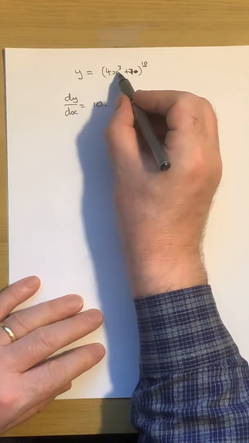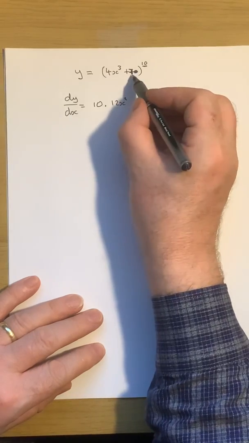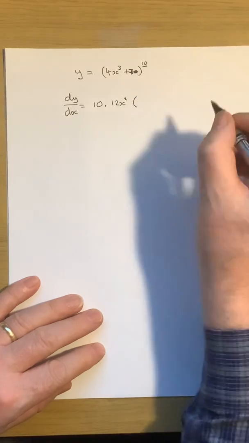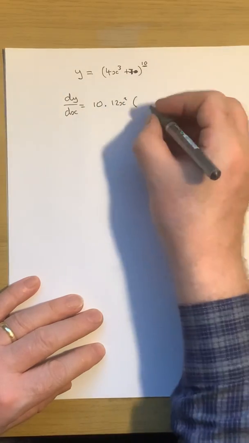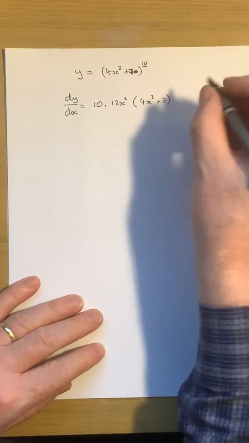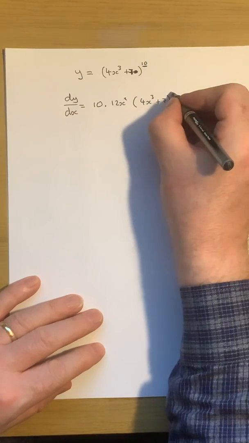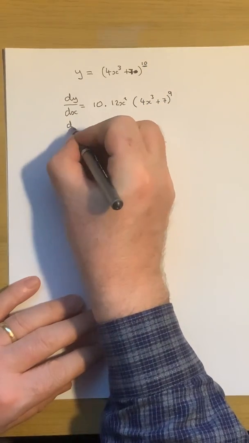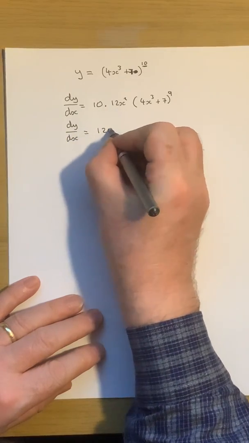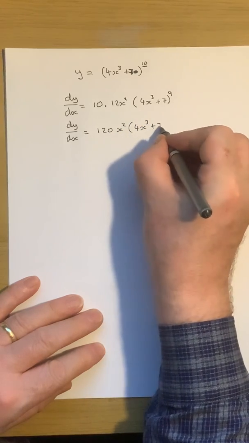When we differentiate 4x cubed, we get 12x squared. When we differentiate 7, it goes to 0. So we're just left with 12x squared on. We now write down the contents of the brackets, 4x to the power of 3 plus 7. And this time, for our original index of 10, we reduce it by 1 to a 9. So dy by dx equals 10 times 12 is 120x squared on (4x cubed plus 7) all to the power of 9.